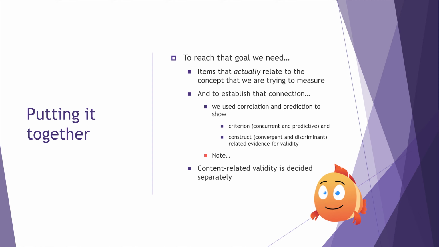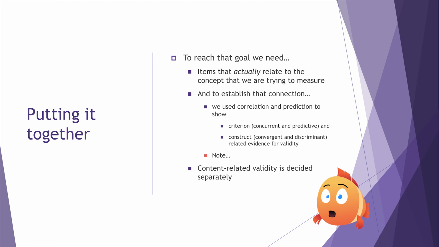And to establish that connection, we use correlation and prediction to show criterion, particularly concurrent and predictive, as well as construct, convergent and discriminant validity, to relate our evidence to validity.